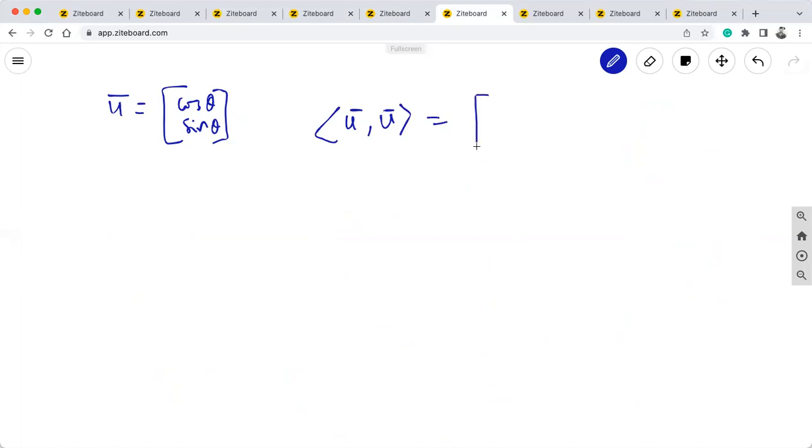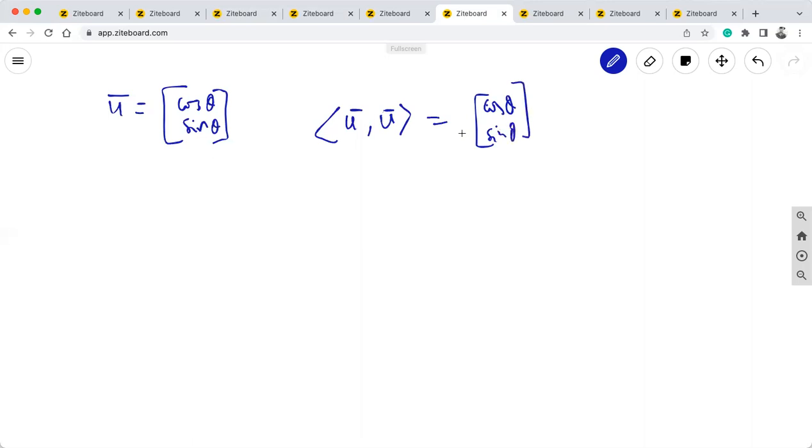Now let us see another kind of vector. Say, for example, your u vector is some vector, and you can sometimes represent it in polar coordinates with cos theta and sin theta components. Sin theta and cos theta are scalar quantities, right? So what is the length of u, the inner product of u with u? Ket u is a column vector, cos theta and sin theta.